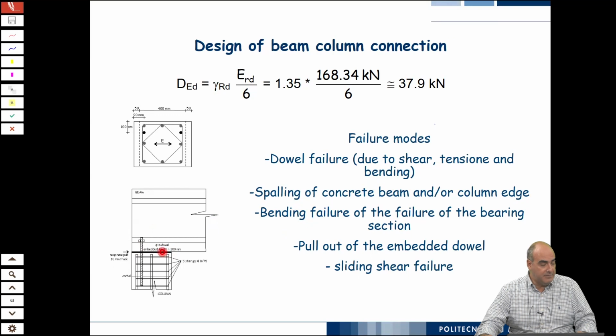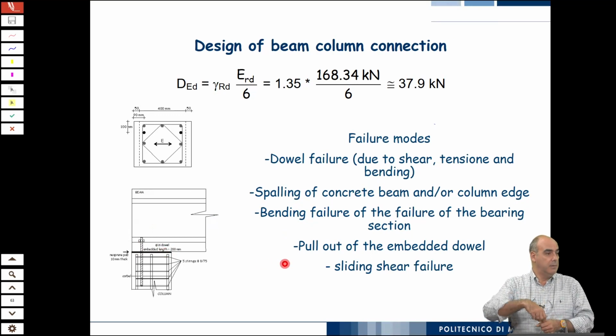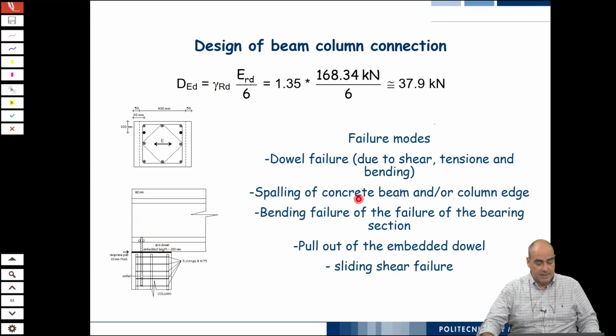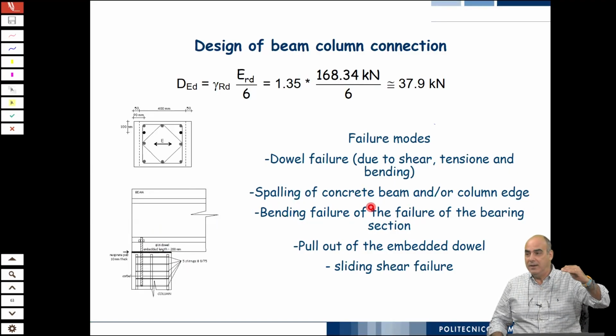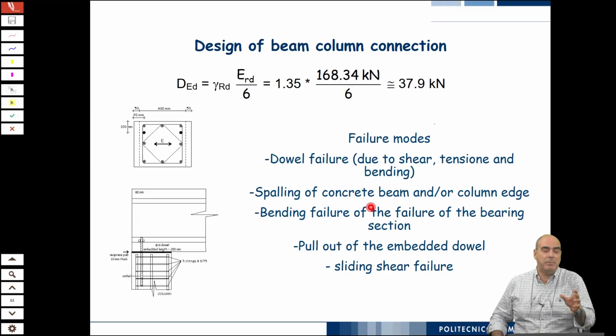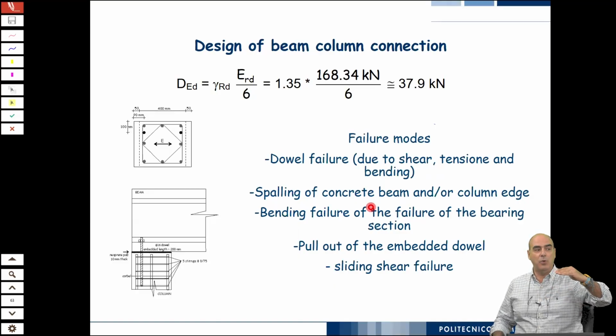Then we can have the failure of the cross section of the beam or of the column, the pull out of the bar, and the shear failure. This order of failure mechanisms is not casual. Dowel failure, since it's due to a plastic moment in the dowel, is the only plastic mechanism that we have. So that is the one that we would like to occur first.